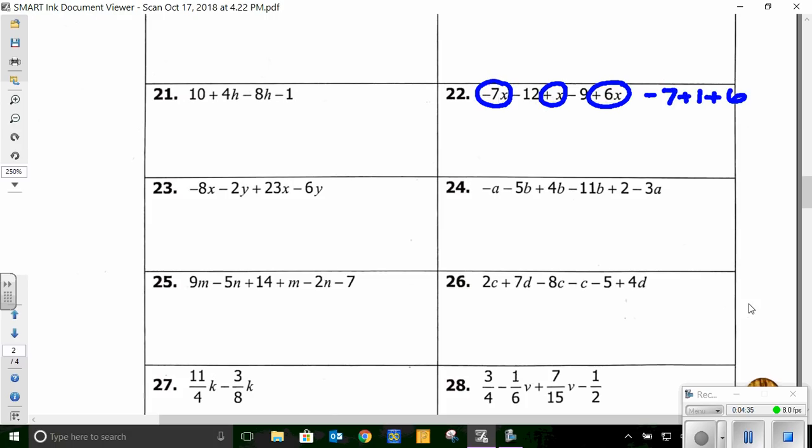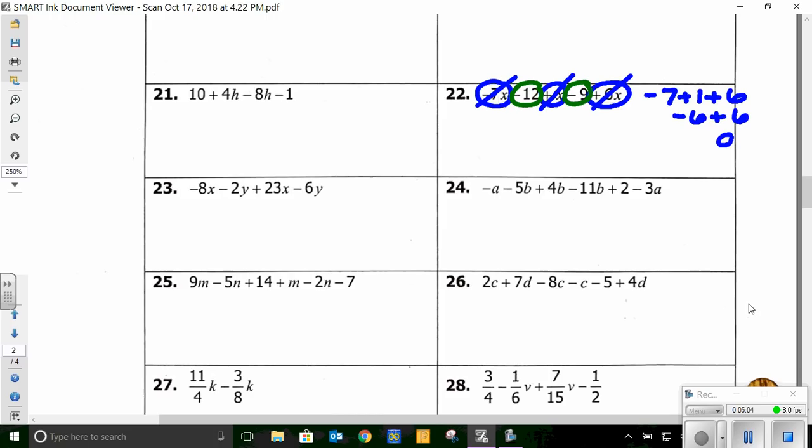When I combine that, negative 7 plus 1 gives me negative 6, plus 6 gives me 0. That means all of those x values cancel out. I never put 0x. I'm not going to put that. We just basically say they cancel out. So they're gone, but I still have the constant terms. I have a negative 12 and I have a negative 9.